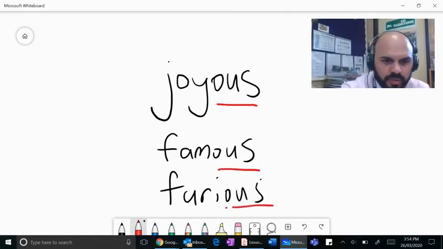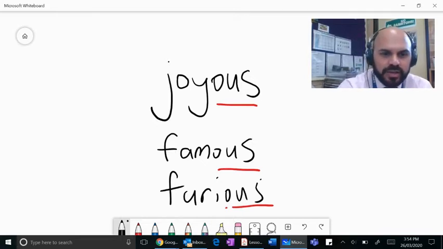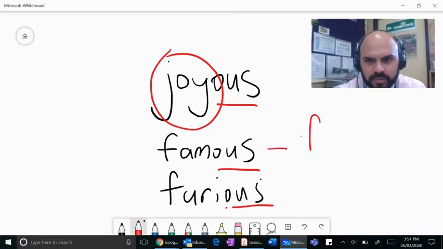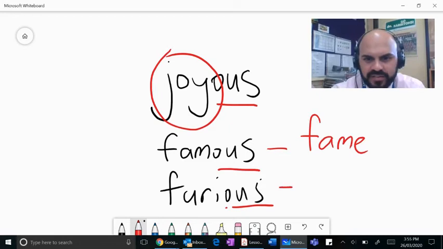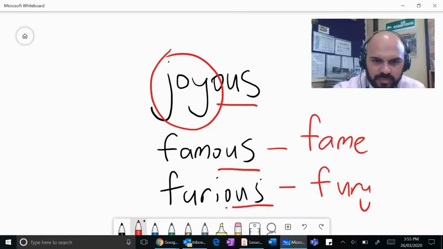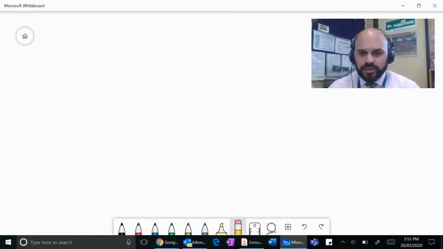So let's have a look at the other morphographs that these are joined onto. So we have joy, and fame would be our first morphograph from famous, and fury would be our first morphograph from furious. So that's just a new morphograph to learn. We'll talk about the meaning of that one in the future, but OUS is another morphograph we can add to words to change the meaning.